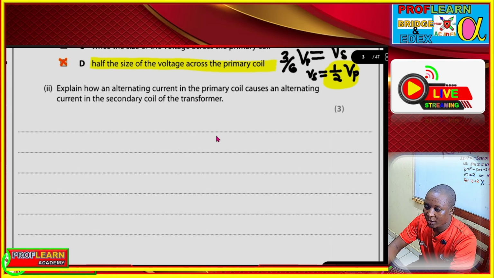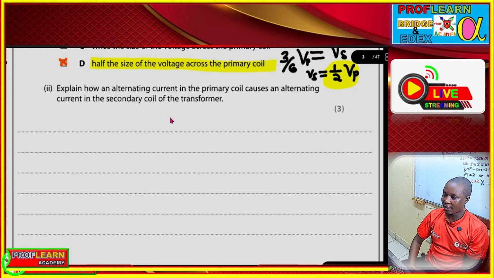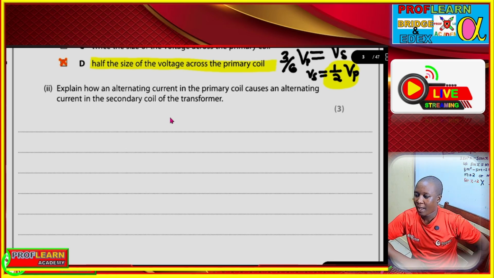We are told to explain how an alternating current in the primary coil causes an alternating current in the secondary coil. This is a question that is asking you to explain how a transformer works.